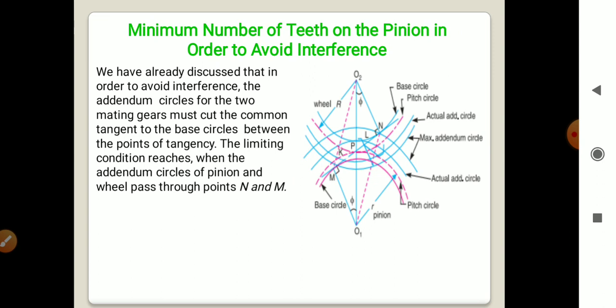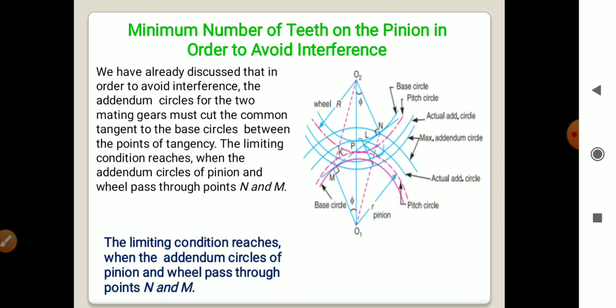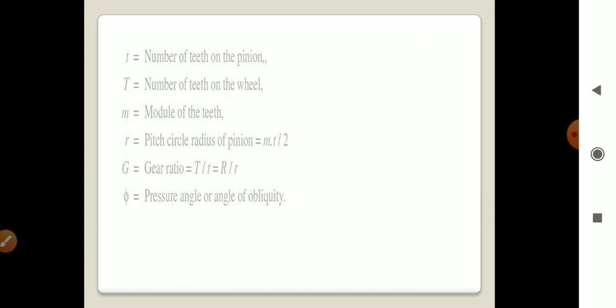In these two cases, points N and M are the cutting points. The limiting condition is reached when the addendum circles of the pinion and wheel pass through the points N and M. This is the main condition.